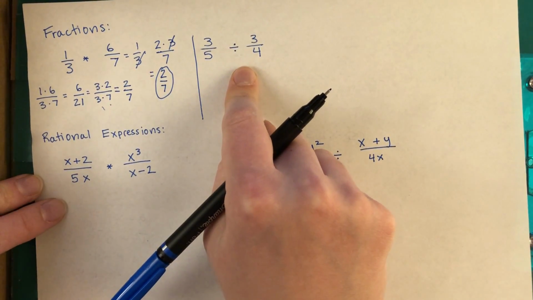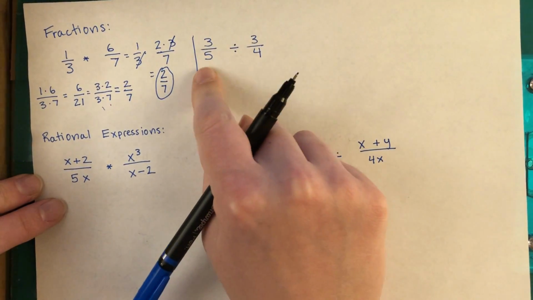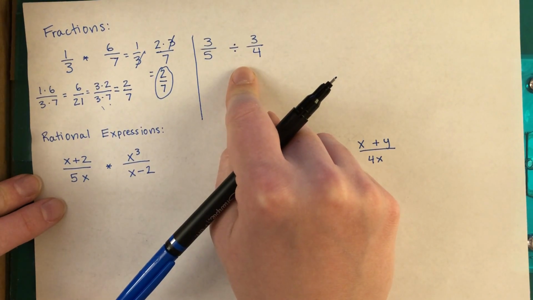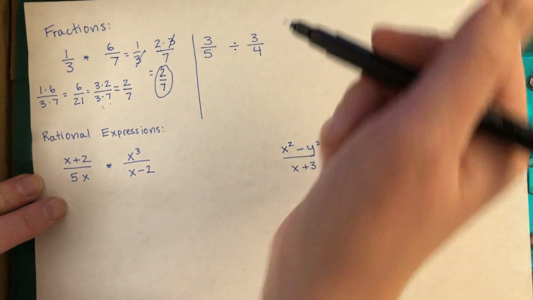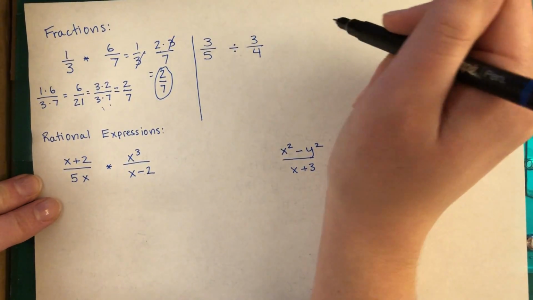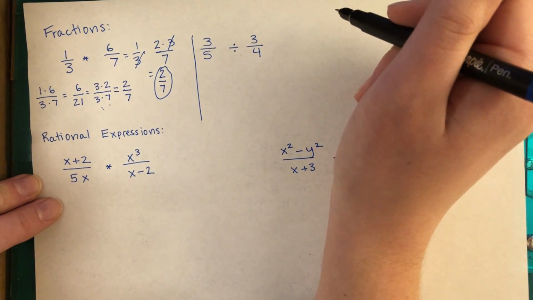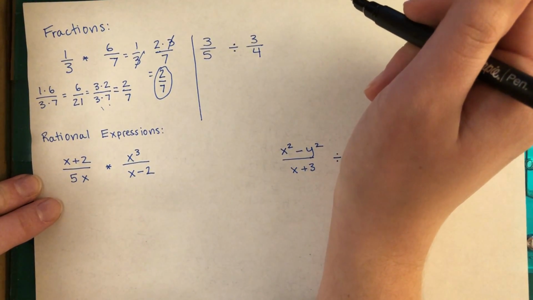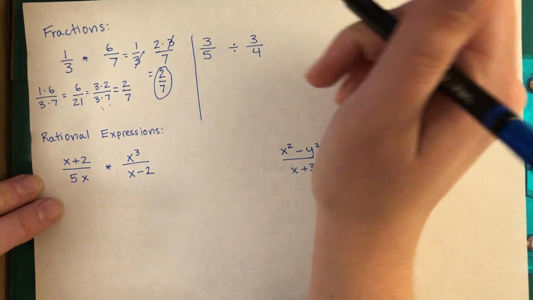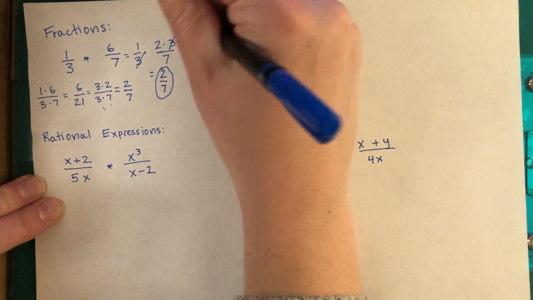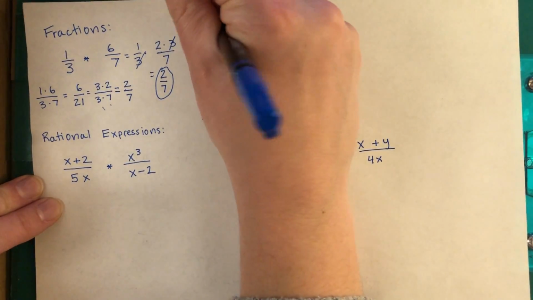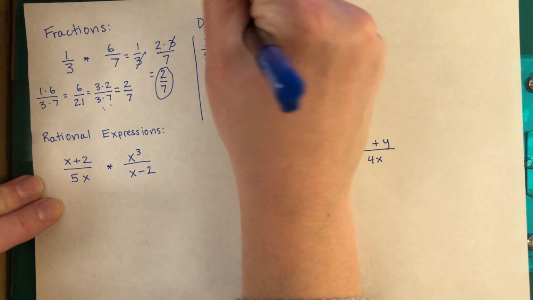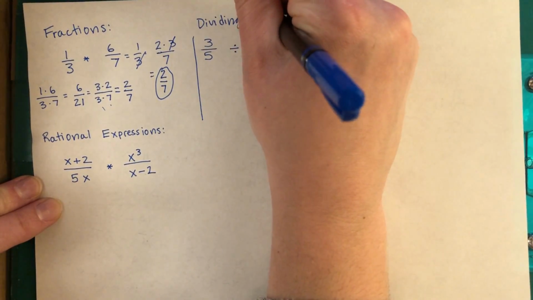Now let's talk about dividing fractions. This might seem like something totally different, but because of the way that fractions work, multiplying and dividing are almost the same. When we divide, we just have to write one extra step. And sometimes people summarize this step as keep, change, flip.